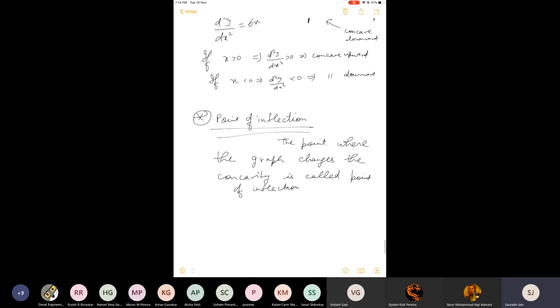So that means x equal to 0 is point of inflection. Just look at the graph and you can tell about the point of inflection in y equals x cube. Okay, concavity changes at this point. So this is the way to tell about point of inflection.